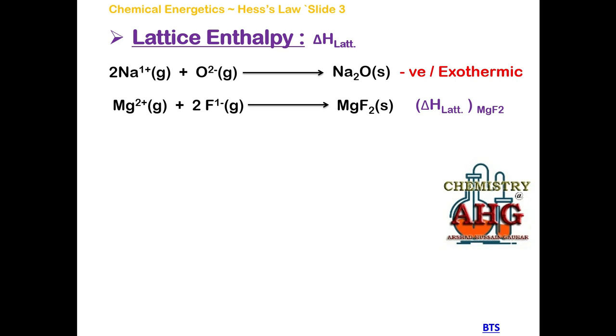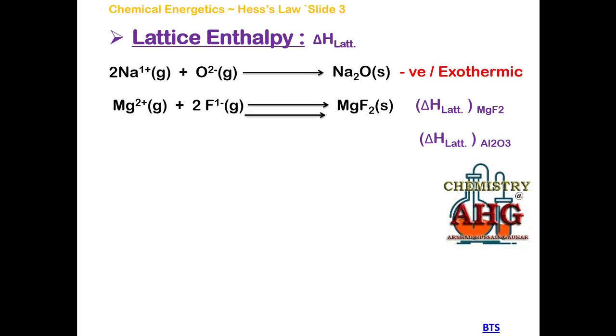One more example, if I give you, write an equation for lattice enthalpy of aluminum oxide. Again, look at which ions are needed for the formation of aluminum oxide lattice. You need aluminum ion Al3+ and oxide ion O2-.